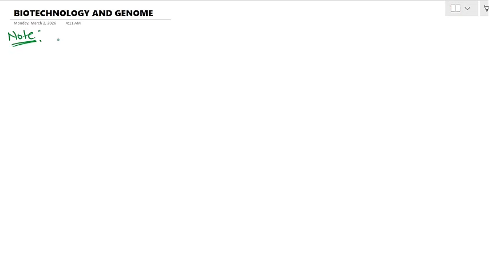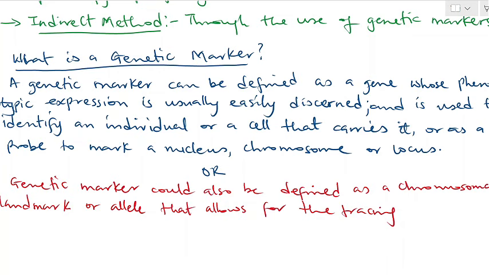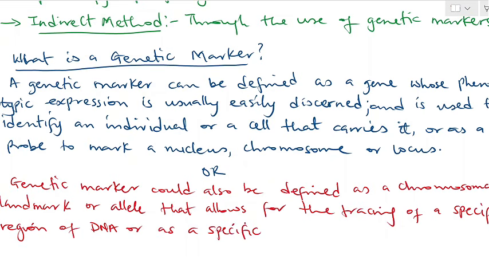So we said genome sequence allows for the tracing of a specific region of DNA, or a specific piece of DNA with a known position on the genome.